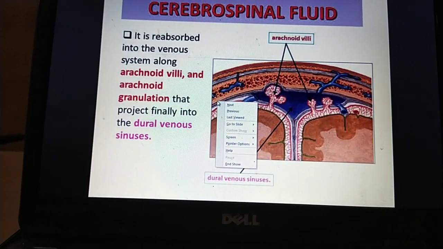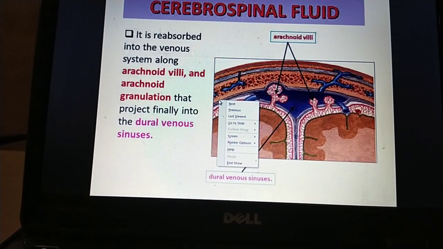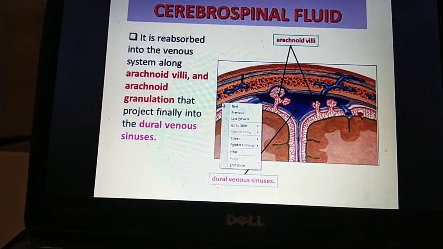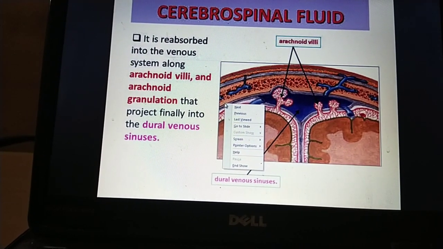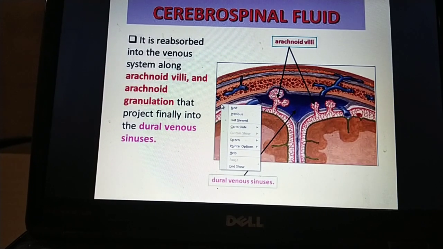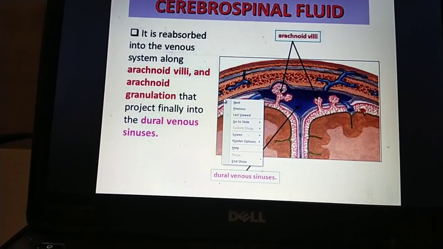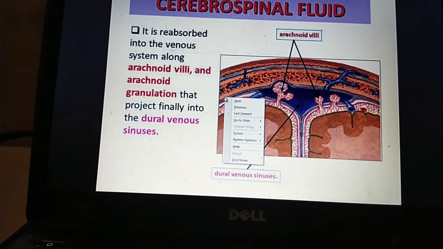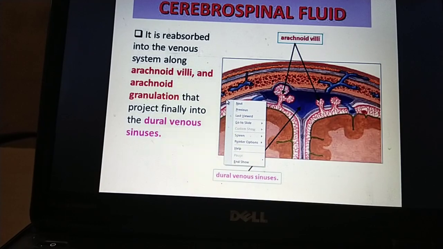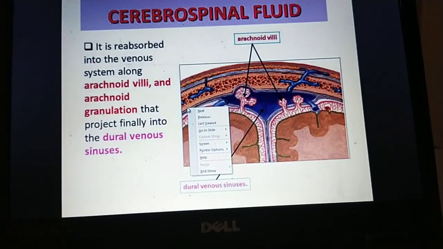Cerebrospinal fluid flow anatomy: from production at the lateral ventricles to the third ventricle by the interventricular foramen, third ventricle to the fourth ventricle by the cerebral aqueduct, then fourth ventricle to the subarachnoid space and spinal cord, and into the dural venous sinuses.